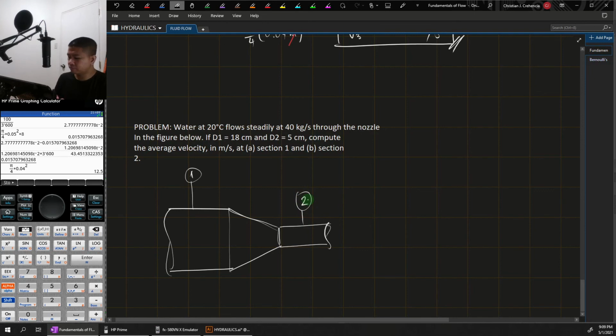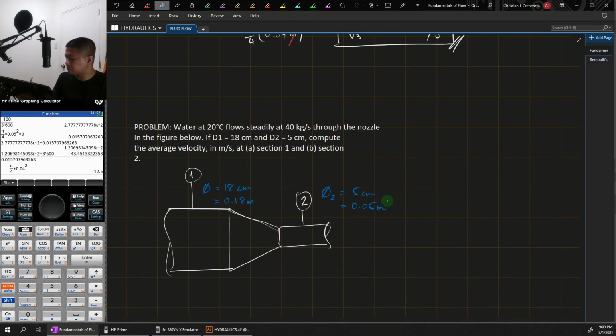Okay. If D1 diameter is 18 cm or 0.18 meter. Then diameter 2 is 5 centimeters or 0.05 meter. So compute the average velocity in meter per second in section 1 and section 2.